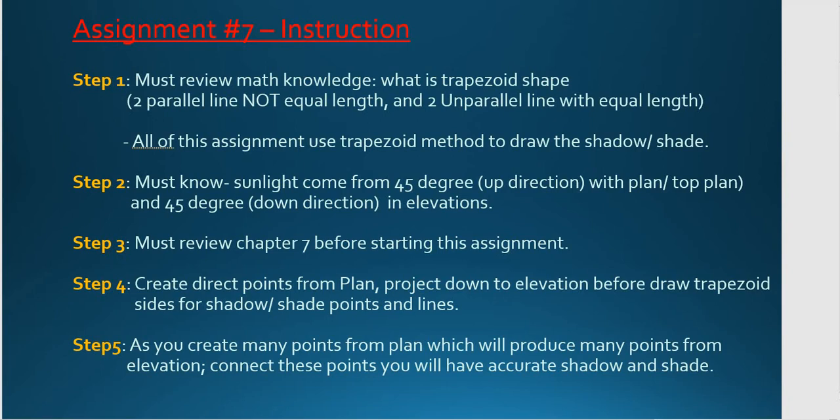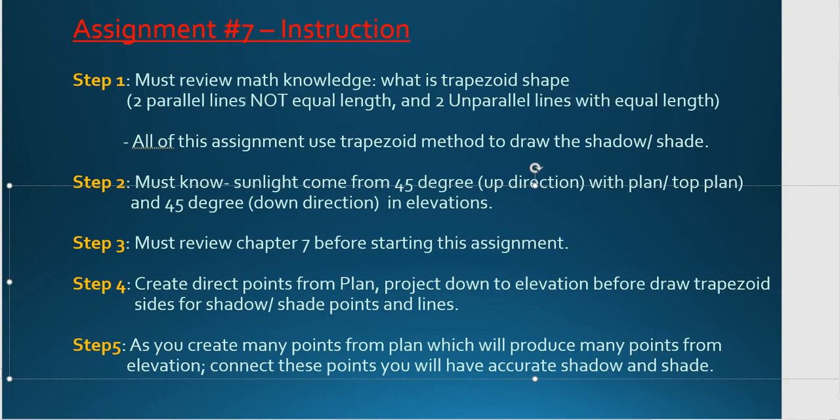You should know that the two parallel lines are not equal in length, and the other two non-parallel lines are equal. Okay, so you should know this one. It's just a review of some knowledge you learned in high school, and for this whole assignment you need to use the trapezoid method to draw the shadow or the shape.